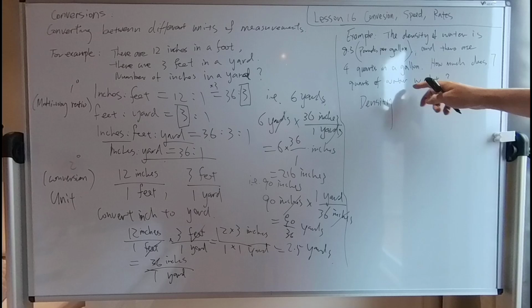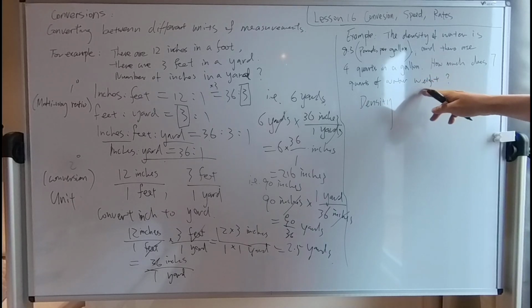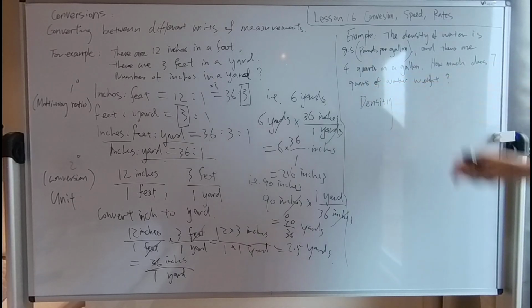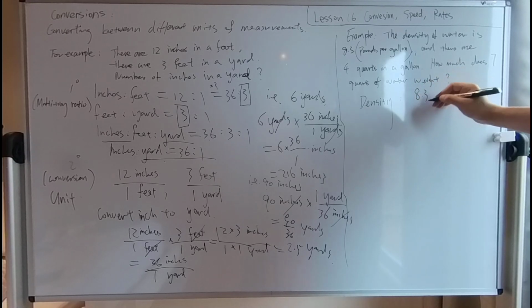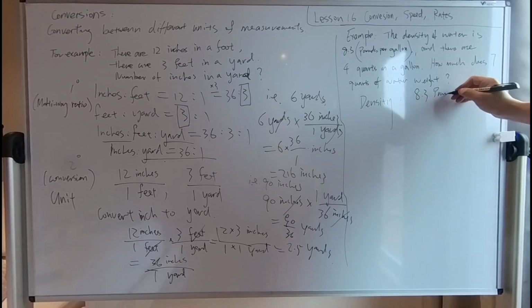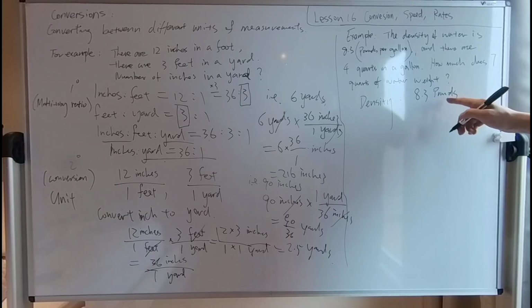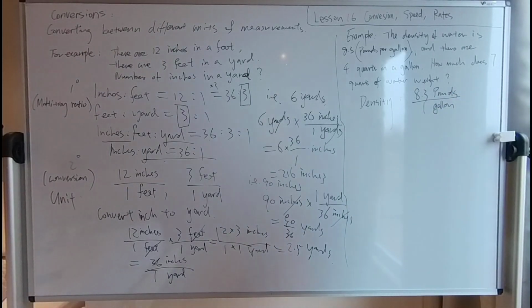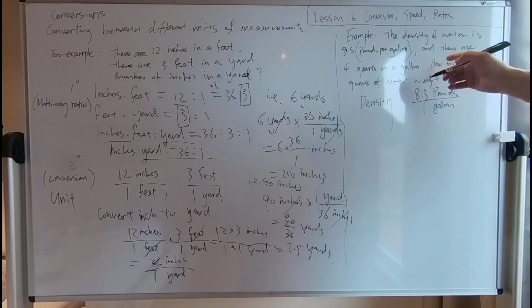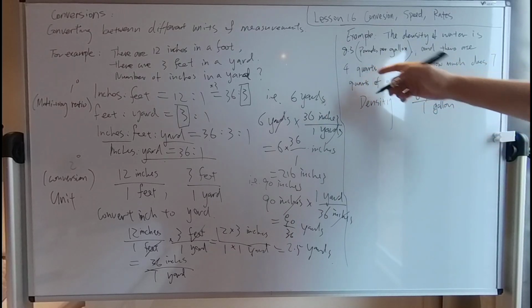The question is asking how much is the weight given 7 quarts of the water. So density is the conversion, that is 8.3 pounds. Pounds is the unit of weight, per gallon, over 1 gallon. Gallon is the unit of volume of water. And we know that 1 gallon is 4 quarts.